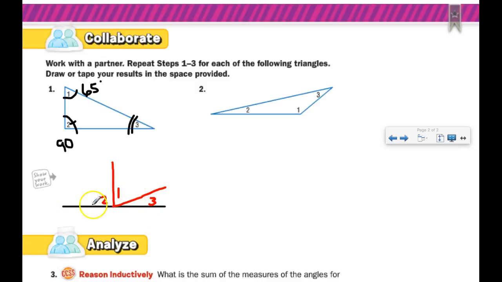And what I can tell you is that obviously the three of those angles combined are going to add up to 180 degrees. Did you happen to measure angle 3 while you were at it? If you do that, I'm pretty sure you get somewhere in the neighborhood of 25 degrees, which is what it should be, assuming that the other ones are 90 and 65, because if I add those up, I should get 180, and I should be in good shape there.